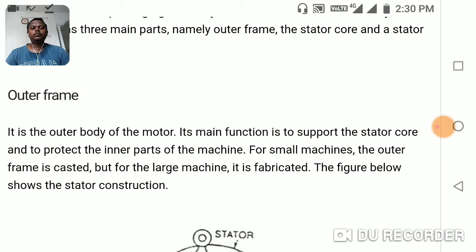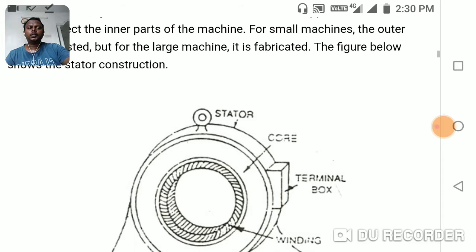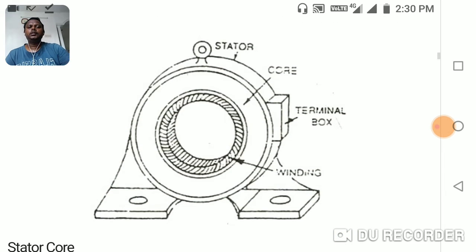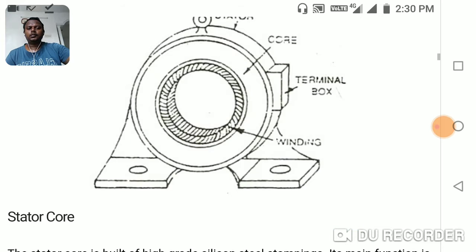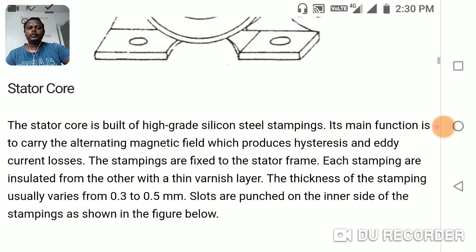Fabricated which means it has been designed with laminated cores. Below the diagram of the stator, you can see the stator, the core as well as the winding in the slots. Now the stator core.